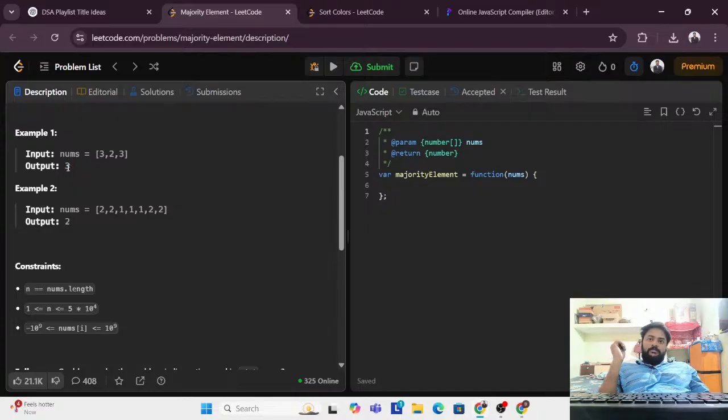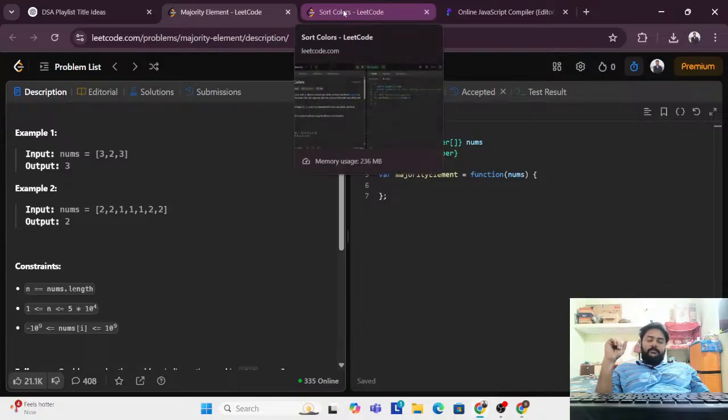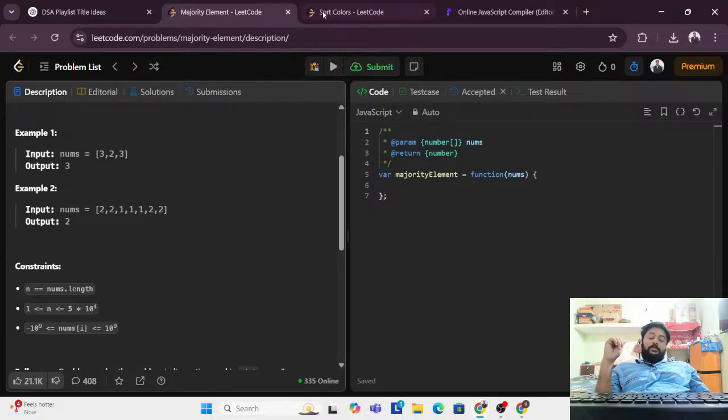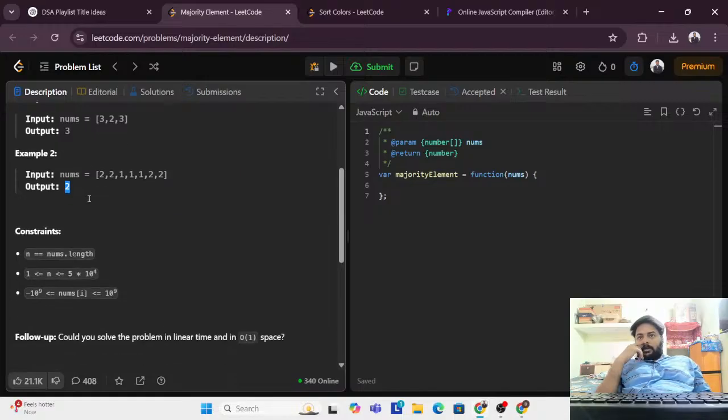So the answer is 3. And here, if you see, the array has 7 elements. If we divide 7 by 2, it means 3.5. The element 2 appears 4 times, which is greater than 3.5. So the answer is 2.